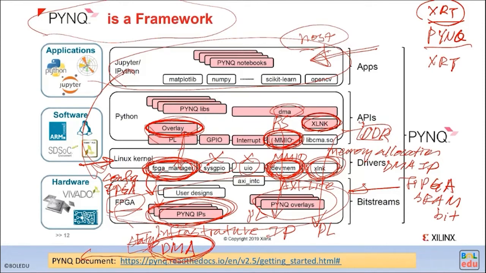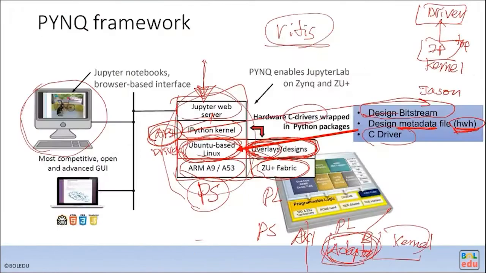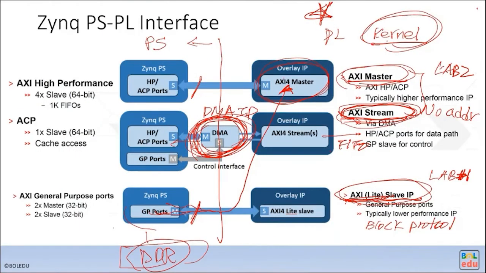In the later slides, I will explain in much more detail how the kernel function interacts with the upper host program. But remember all these slides. You have to remember you have a DOS interface, you have an AXI master AXI stream, how they connect to the PS.